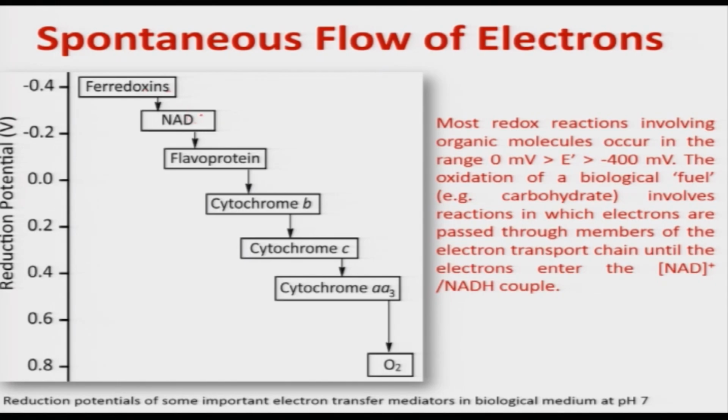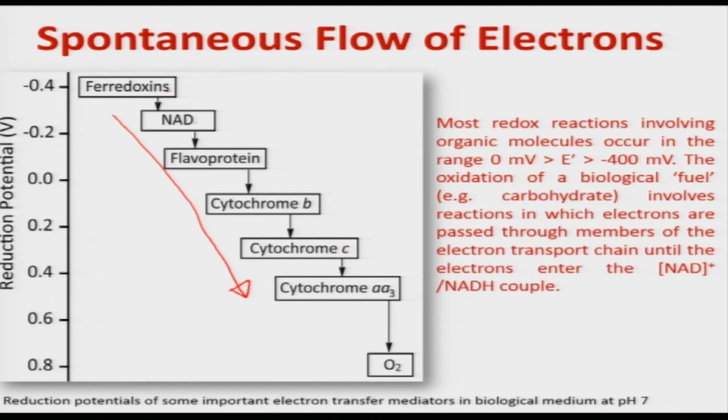Once NAD gets the electron, it becomes reduced and immediately gives the electron to flavoprotein, while NAD becomes oxidized. So this flow is spontaneous, and eventually it comes to cytochrome C.